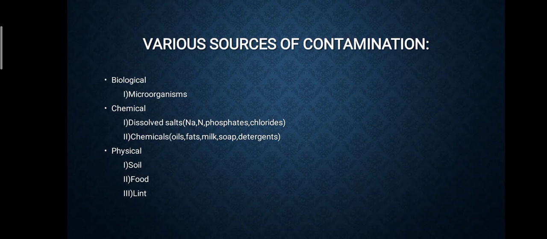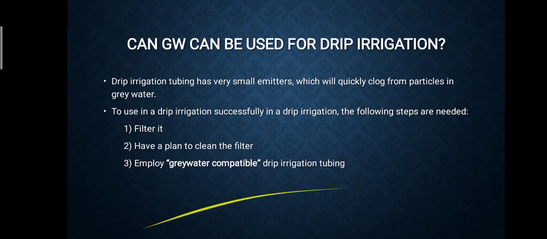The biological form includes microorganisms, and the chemical includes dissolved salts like sodium, nitrogen, phosphates, chlorides, and chemicals such as oils, fats, milk, soap, detergents. The physical form can be soil, food, lint.